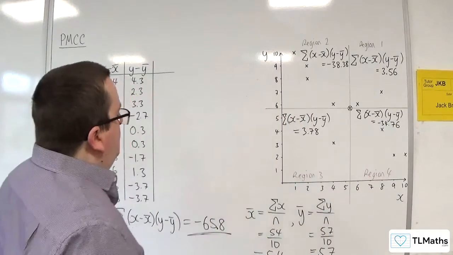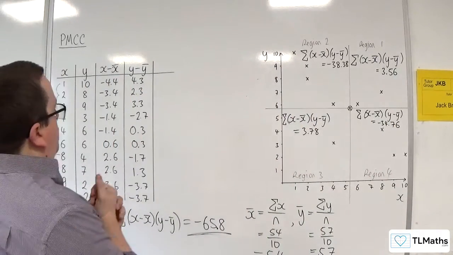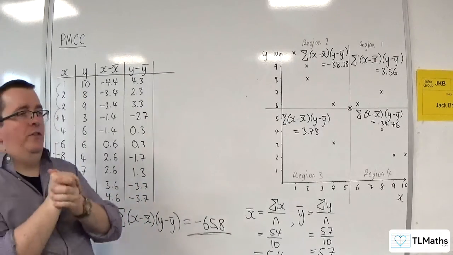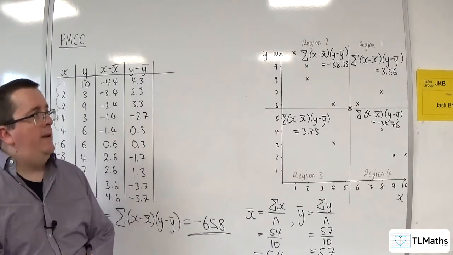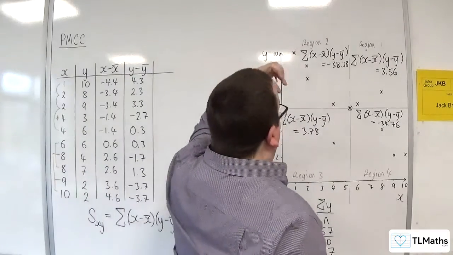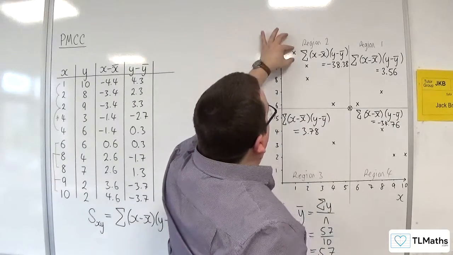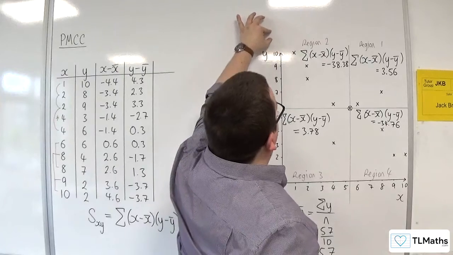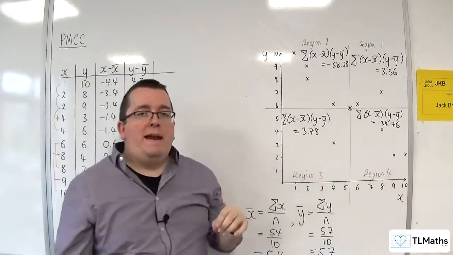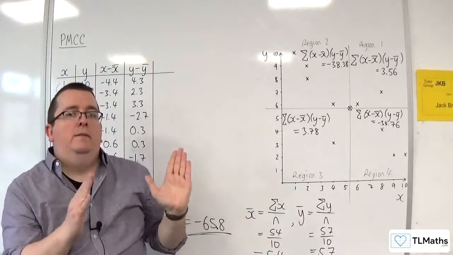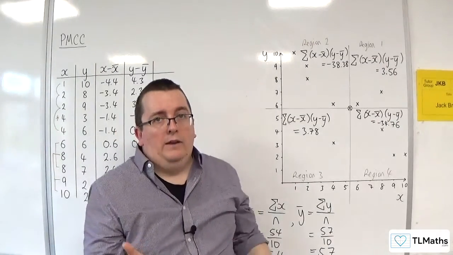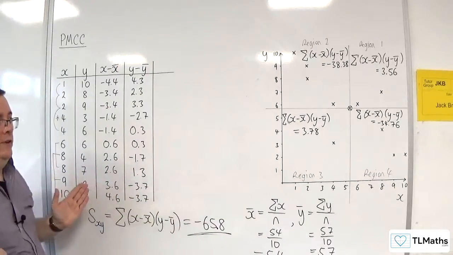Okay. Now, the next problem is it hasn't taken into account how spread out the data is. What you could do is take one of the data points and just move it. So if I move that data point and drag it up here so that it remains on the line of best fit, so essentially it's as spread out as it was previously.